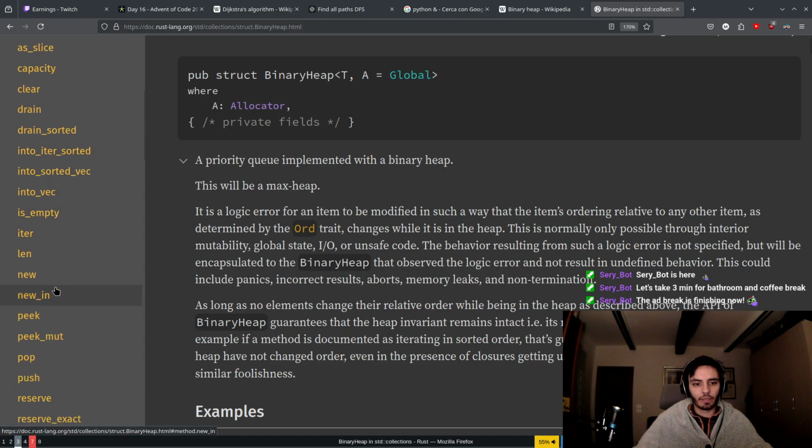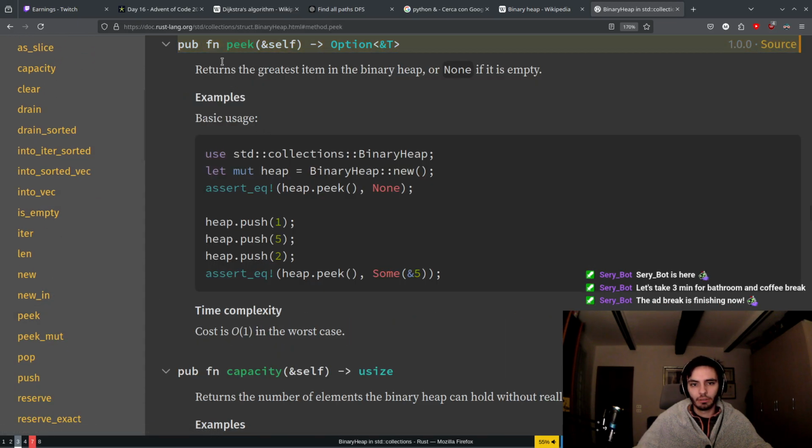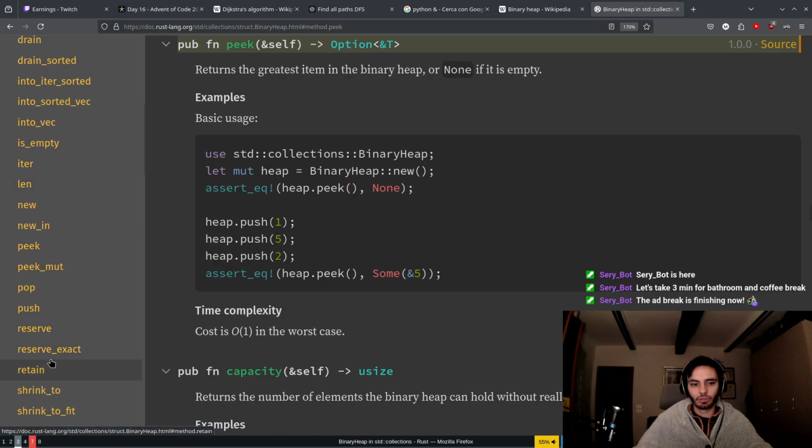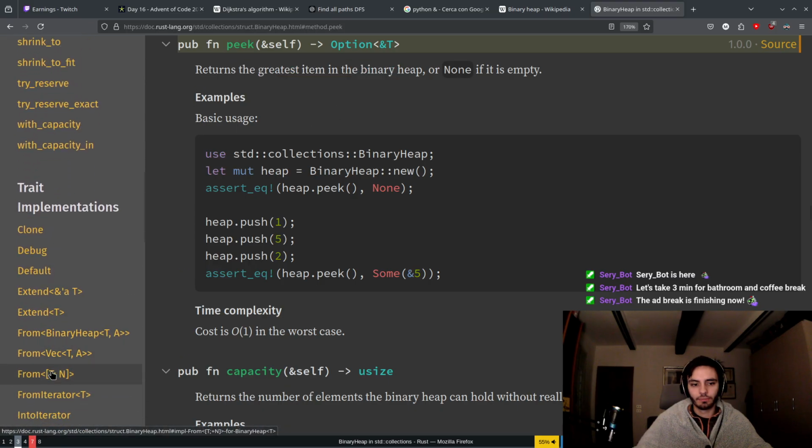Is there any way that I can search peek in the binary heap? Okay. Push, reserve, retain, shrink.